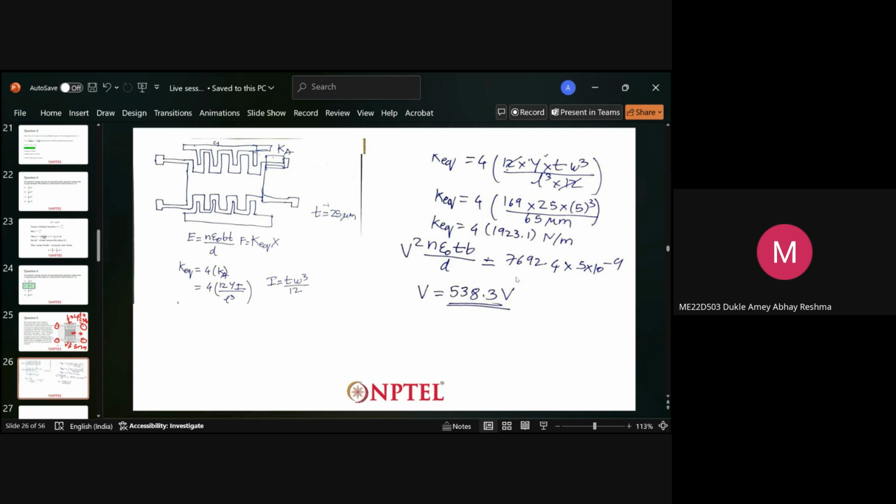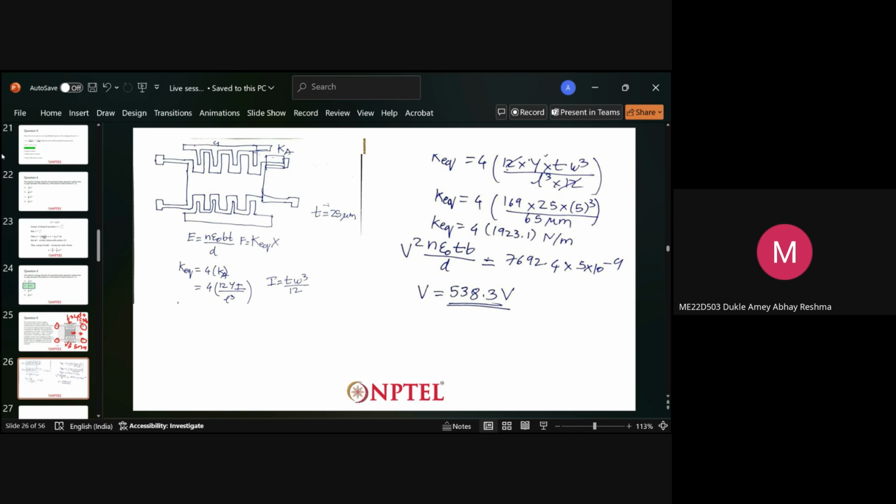Let's get into it. I've solved it by hand. So this is how it is. We know the value of energy is basically n epsilon naught b into t upon d. Basically we have two forces.